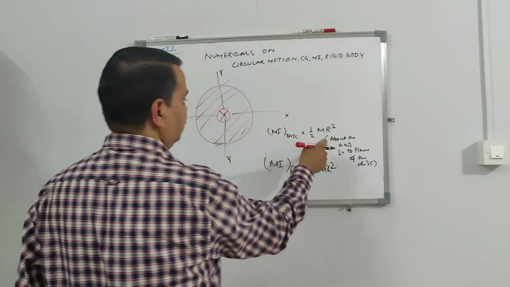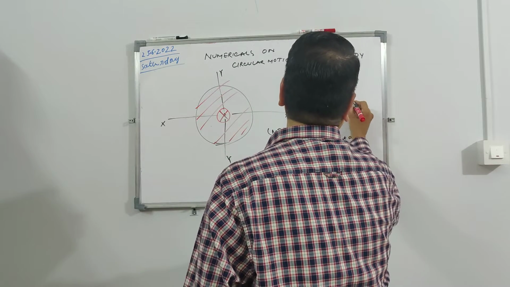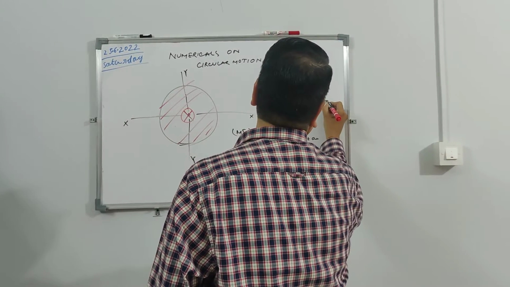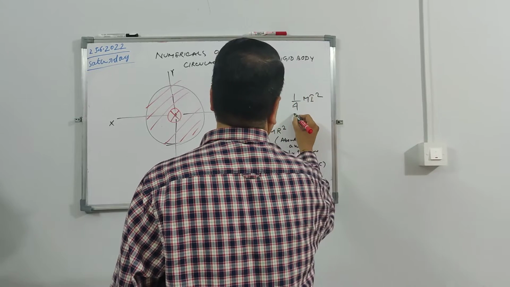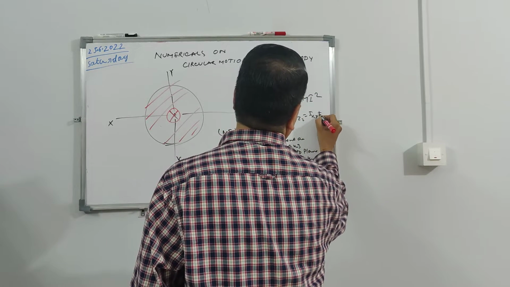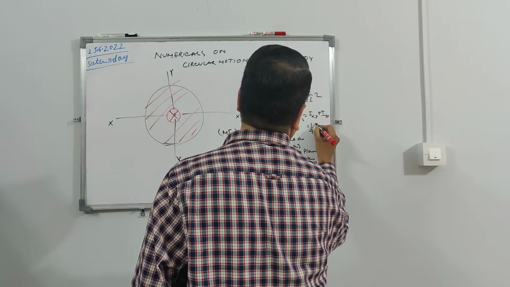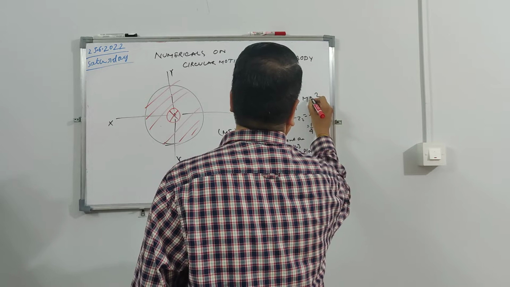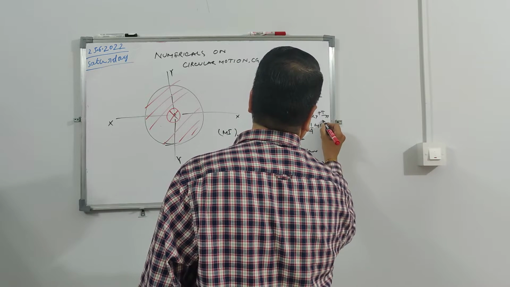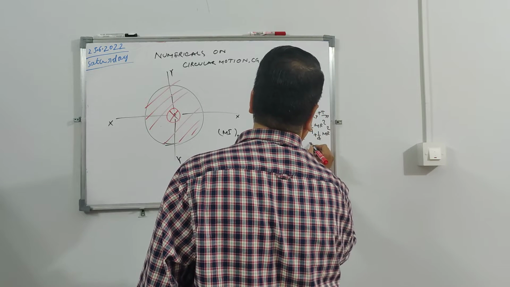If somebody asks for the moment of inertia about the diameter, it will be 1 by 4 mr square, half of that. So Izz is equal to Ixx plus Iyy, which is 1 by 4 mr square plus 1 by 4 mr square, which is mr square by 2.